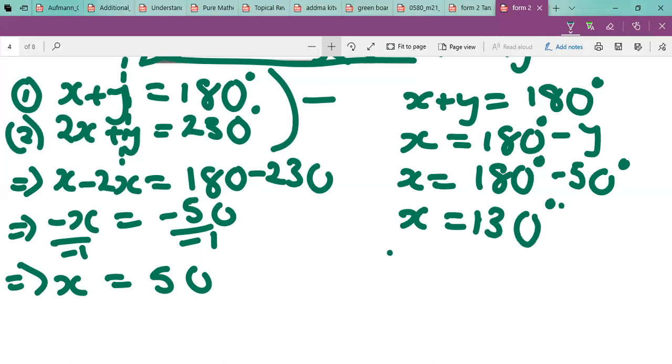And we are done. Those are the answers. So there was an aspect of creating two equations and solving them simultaneously.